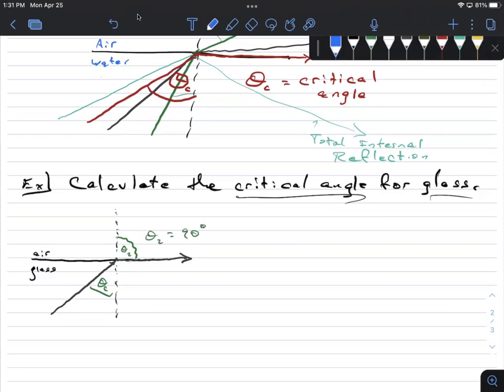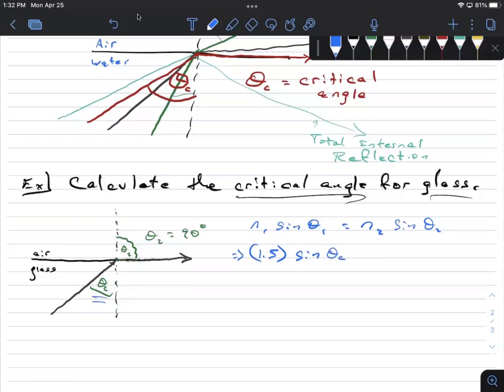So to calculate it, I set up Snell's law, just as before. N1 sine theta 1 is N2 sine theta 2. What's my 1 stuff? I'm starting in the glass. My 2 stuff, I'm going towards the air. So I calculate my stuff. N1, the glass, 1.5. Sine of theta 1. What is theta 1? Theta 1 is the angle the light's making in the glass, which is called the critical angle.